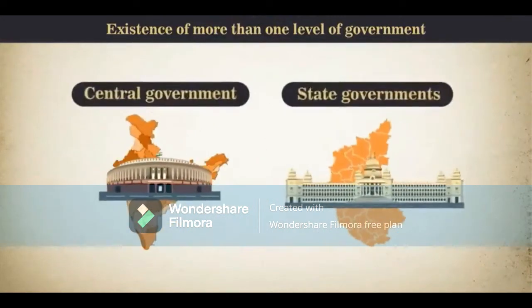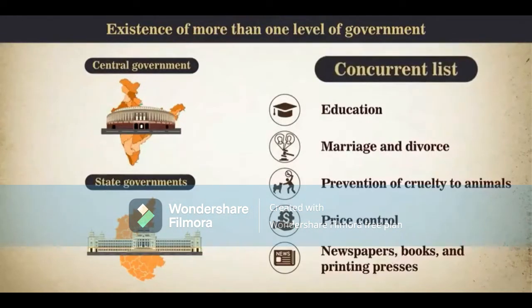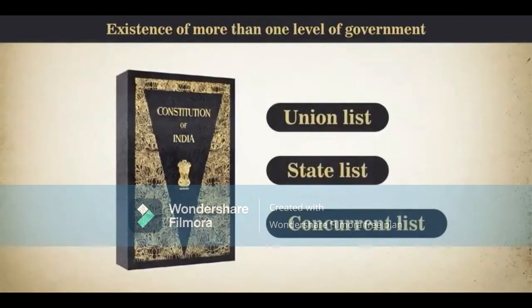Both the central and the state governments can make laws on the matters in the concurrent list. So now we know that the different levels of government derive their authority from the Constitution.